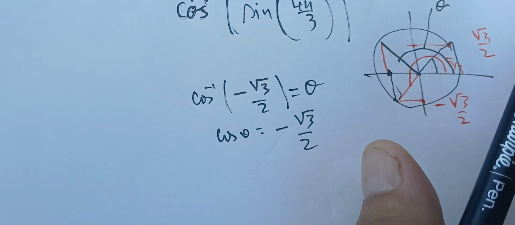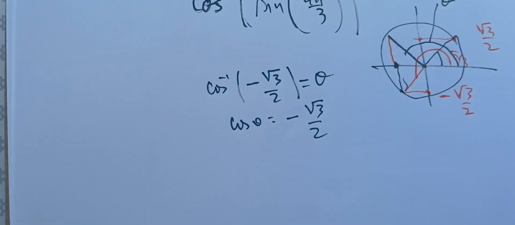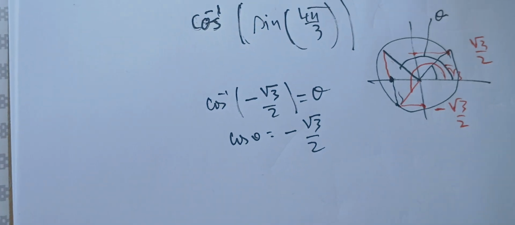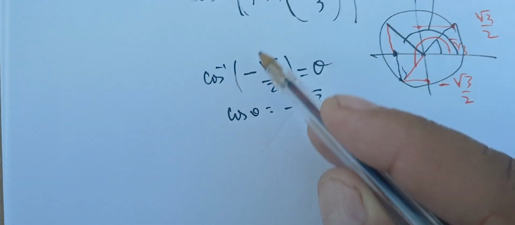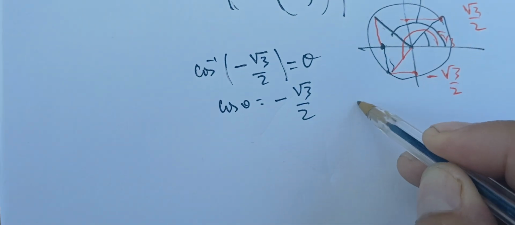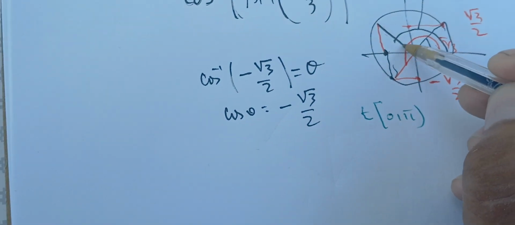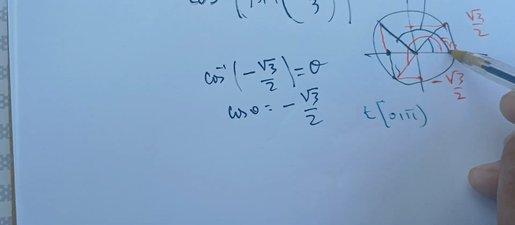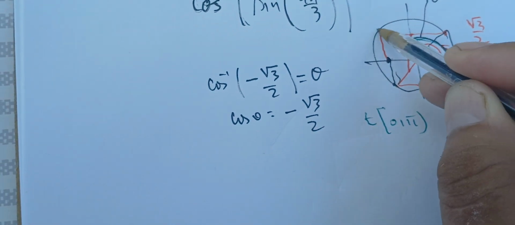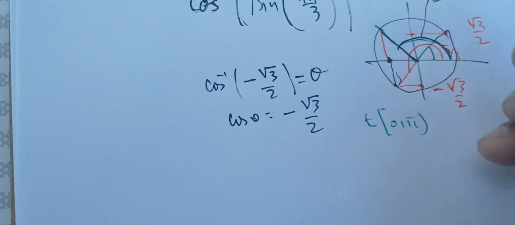But for the cos inverse, any angle has to be in 0 to pi. That means we're going to keep only this angle here, which I'm going to call theta.